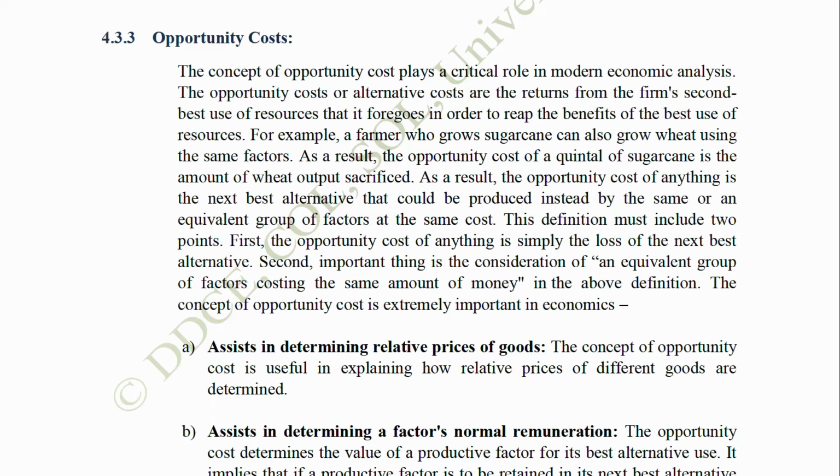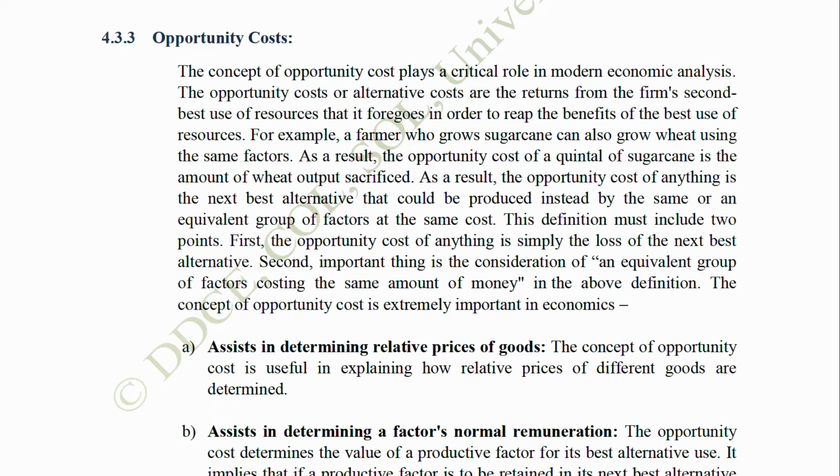Second, an important thing is the consideration of an equivalent group of factors costing the same amount of money in the above definition. The concept of opportunity cost is extremely important in economics for the following reasons.